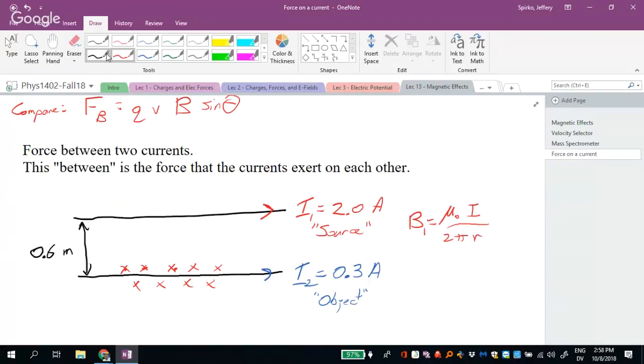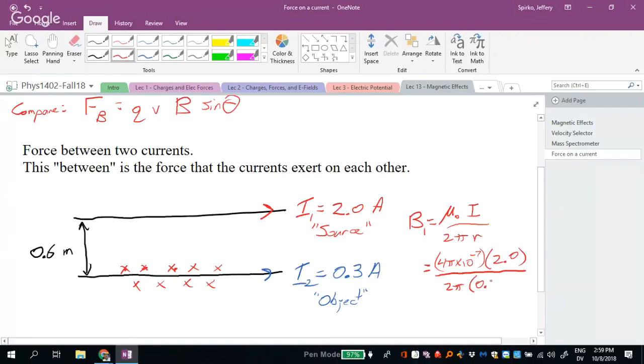And this would be 4 pi times 10 to the minus 7th times our 2.0 amperes over 2 pi times 0.0, I'm sorry, not 0.0, just regular 0.6.